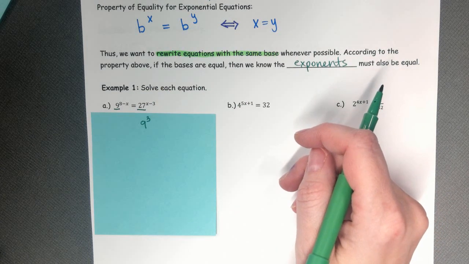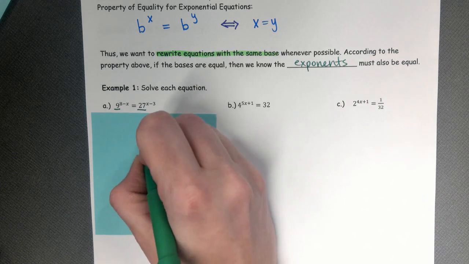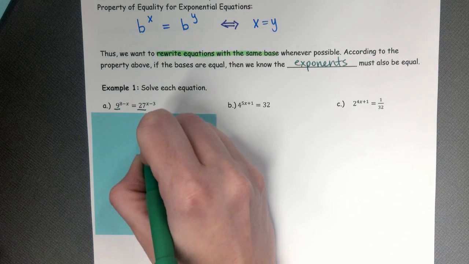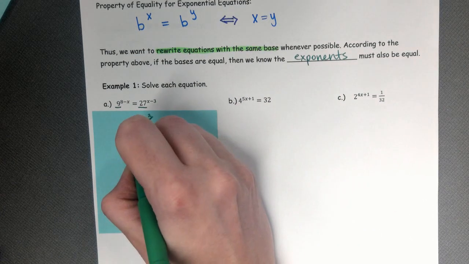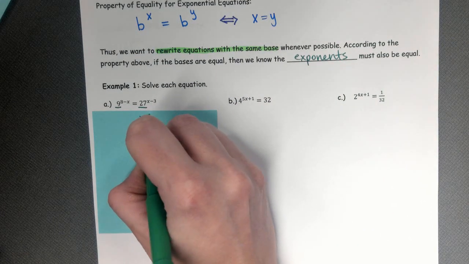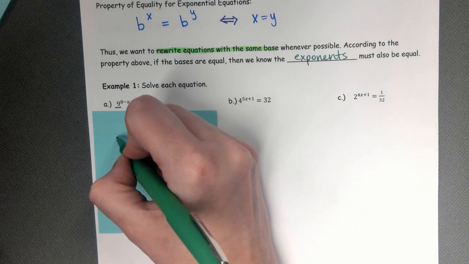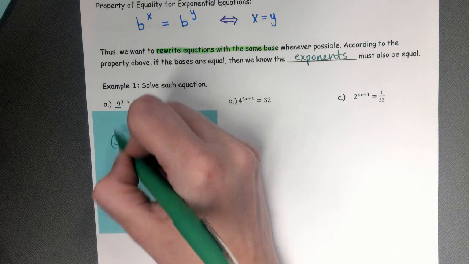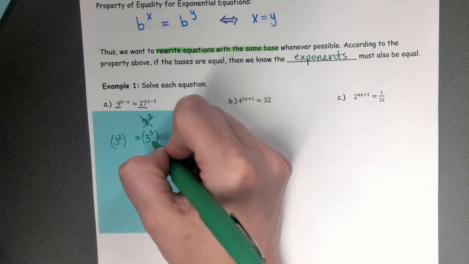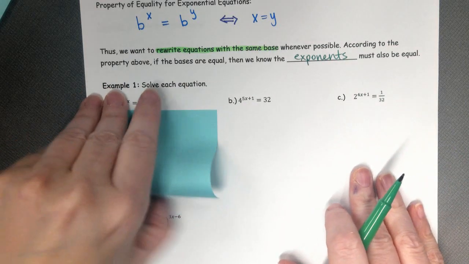No, absolutely not. 3 times 9 is, but not the 9 itself. So you could rewrite 27 as 3 to the 3rd. You could rewrite 9 as 3 to the 2nd. So these should always be equal. 3 squared is 9. 3 to the 3rd is 27.